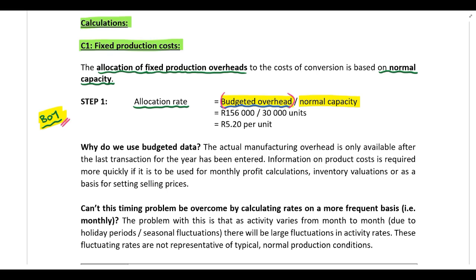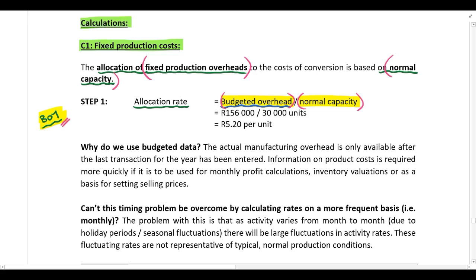We need to be able to determine the value of our inventory so that we can add a markup to get our selling price. You can't only perform that calculation at the end of the year because then it's too late. So you are forced to use your budgeted overhead in this calculation. Then, why are we dividing by normal capacity? Because IAS 2 specifically tells us that our fixed production overheads must be allocated based on normal capacity.